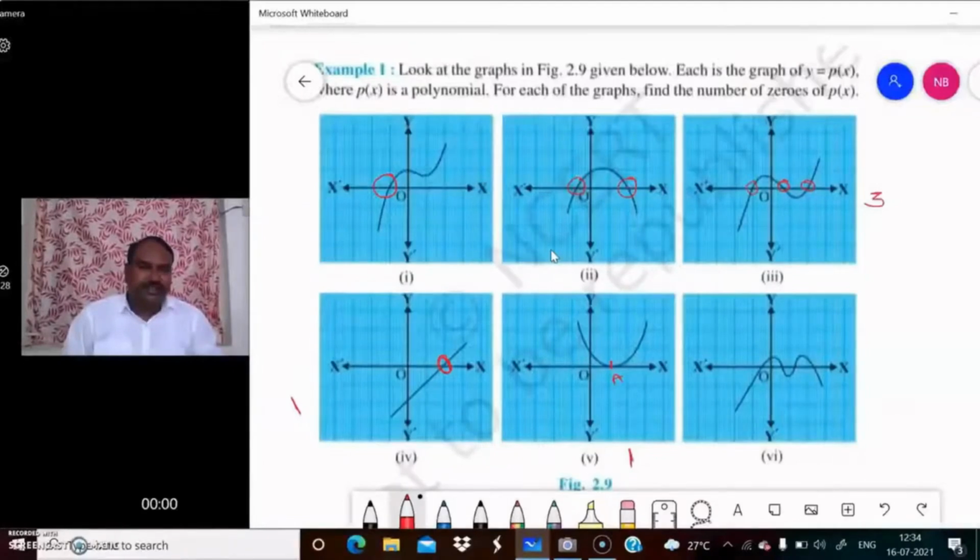As well as here, if you take this last one, 1, 2, 3, 4. This graph intersects the x-axis at 4 points, so the polynomial represented by this graph will have 4 zeros.